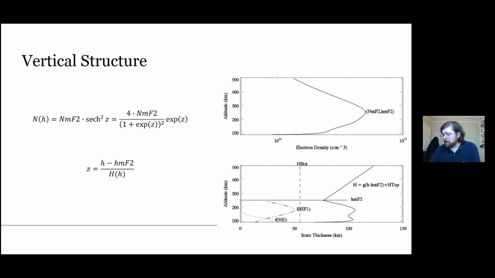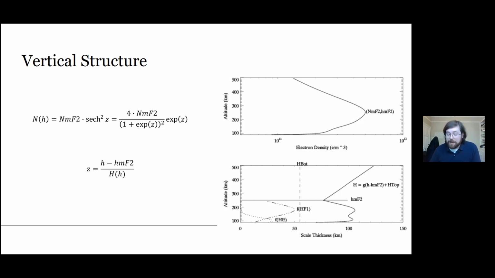One route you might think to go down is to instead model electron density as a sum of different layers. So a Chapman function for the E region and for the F1 layer, and then for the F2 layer, and so on. But what ends up happening when you go down that approach is that the F1 layer is actually a very subtle feature that doesn't really lend itself to being pulled out well with least squares. And so very often it gets lost in the noise.